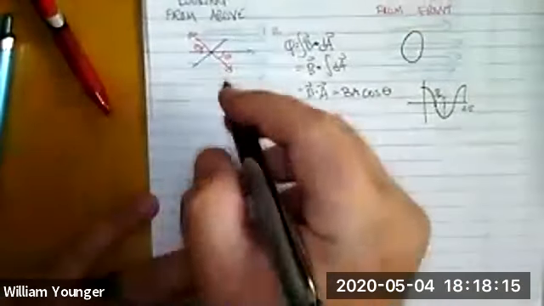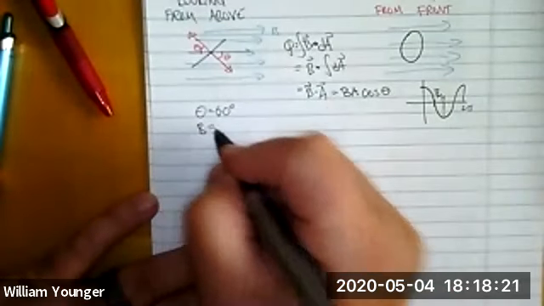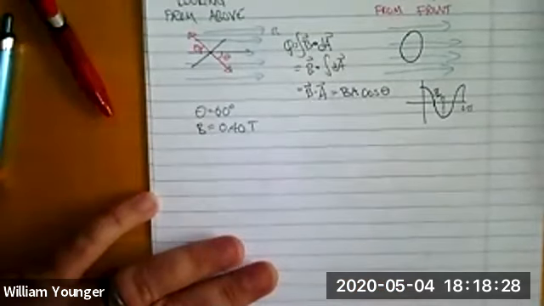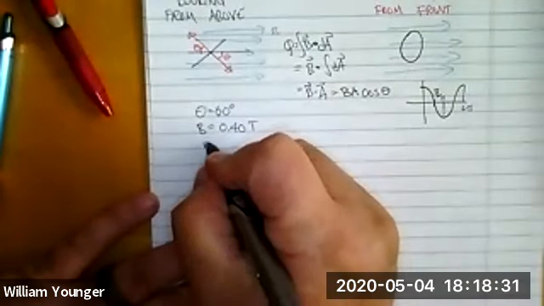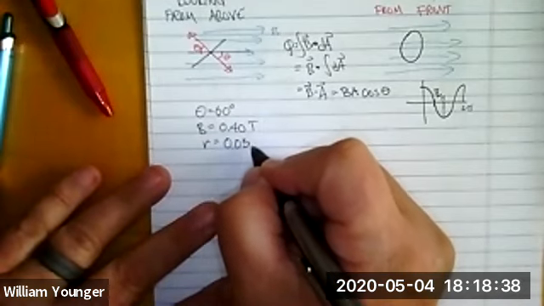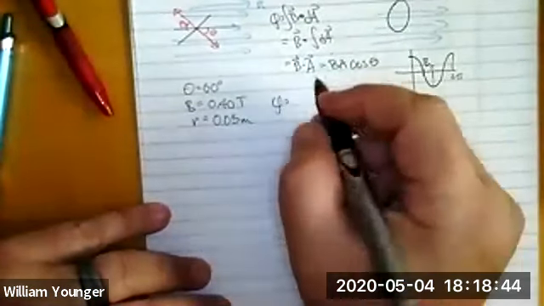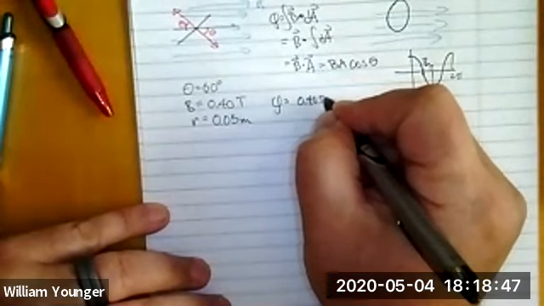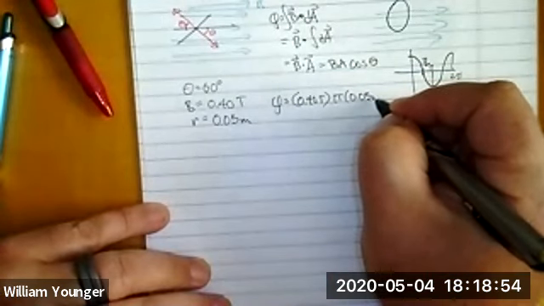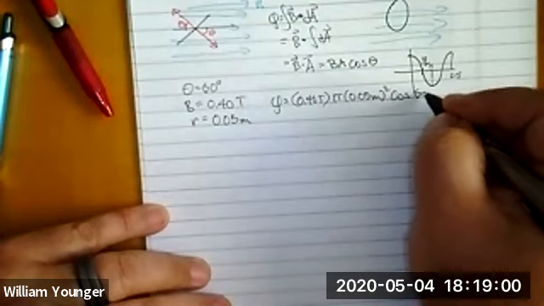So if I had theta equals 60 degrees, and a magnetic field B whose magnitude was, let's say, 0.40 Tesla, that's a pretty strong magnetic field, and let's say we had an area given by a radius equal to, let's say, 0.05 meters, in other words, 5 centimeters, then the flux would just be equal to 0.40 Tesla times pi times 0.05 meters squared, so that's B times A times the cosine of 60 degrees.